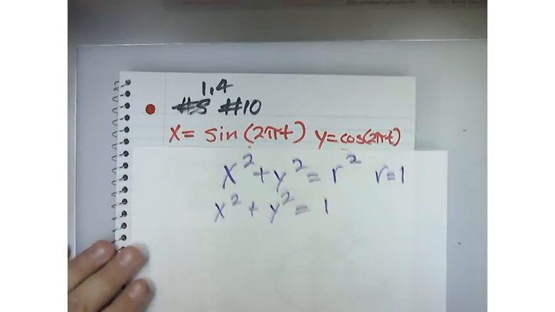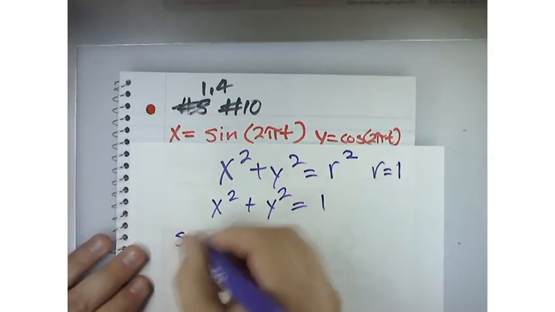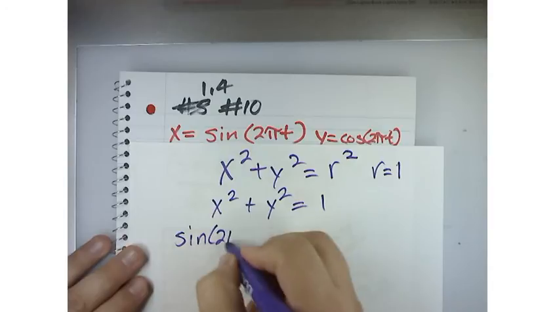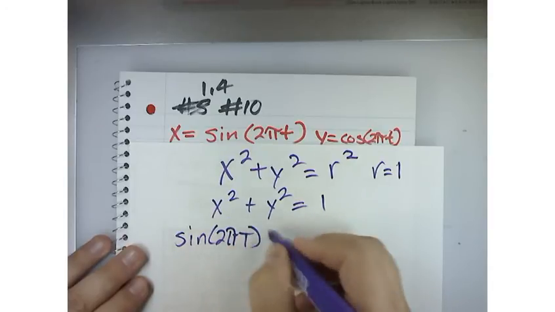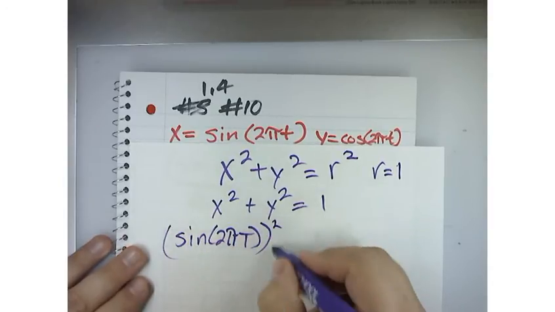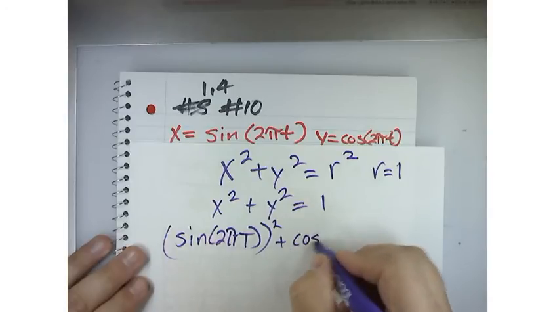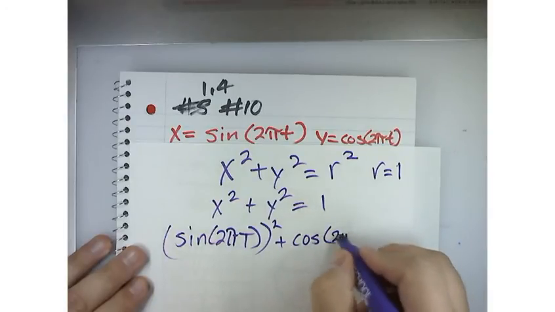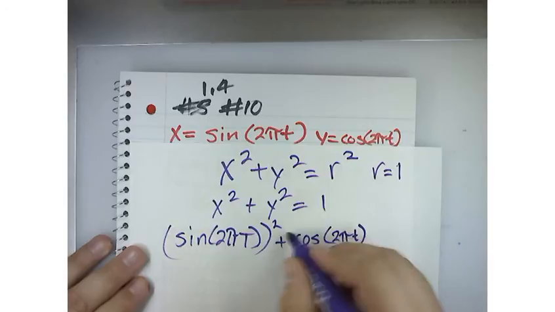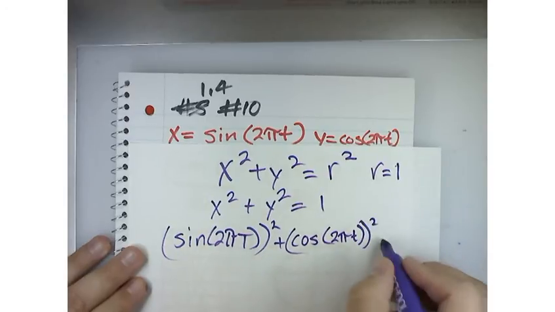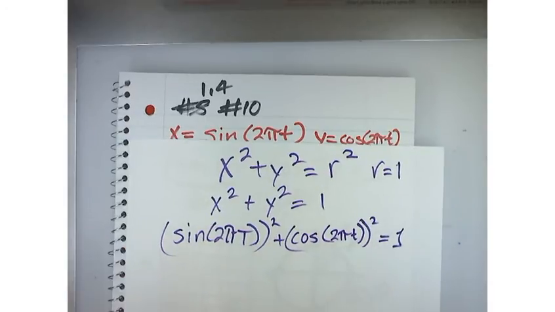Well, x equals sine of 2 pi t, all that squared, plus cosine of 2 pi t, all of that squared, should equal 1.